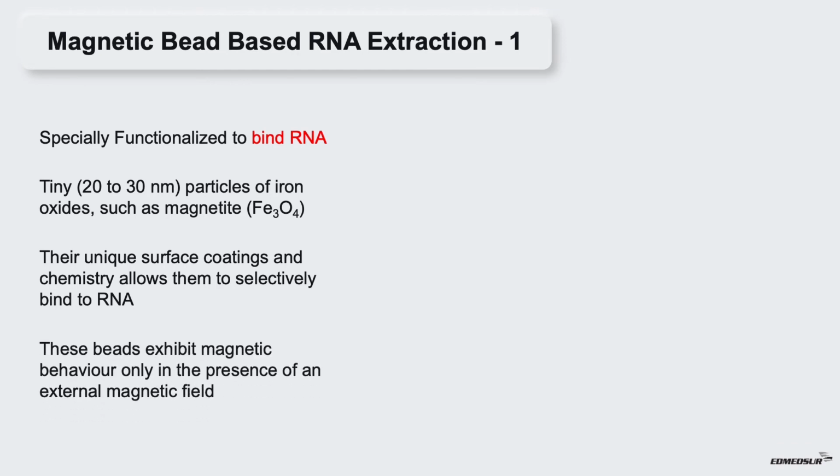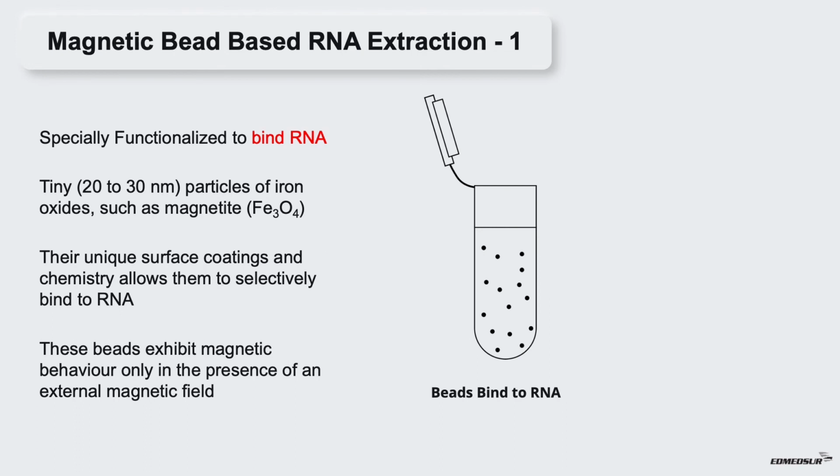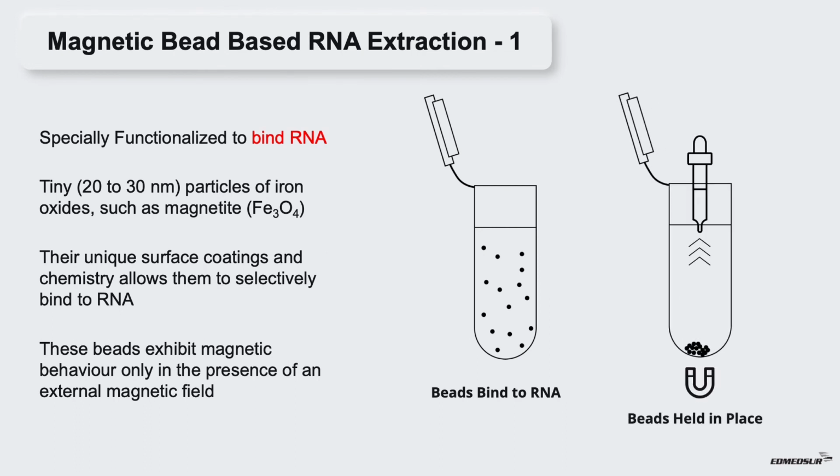These beads exhibit magnetic behavior only in the presence of an external magnetic field. When the beads are mixed with the lysed sample, they bind RNA. When this solution is placed in a magnetic field, the beads with RNA will be held in place while the rest of the solution can be removed.